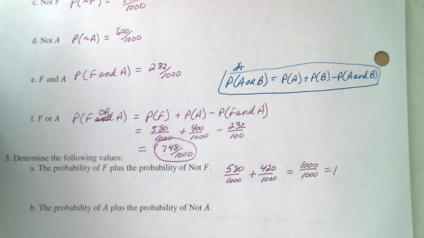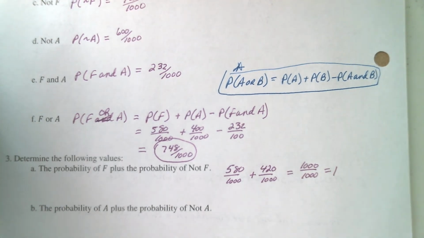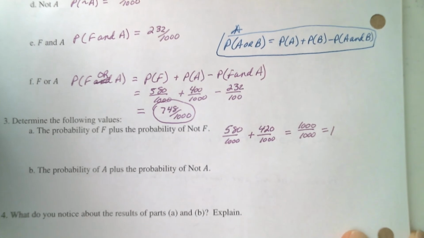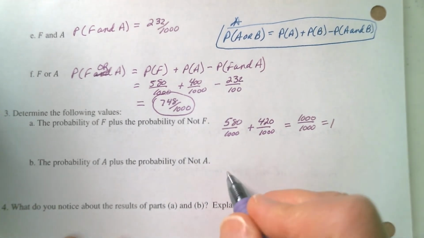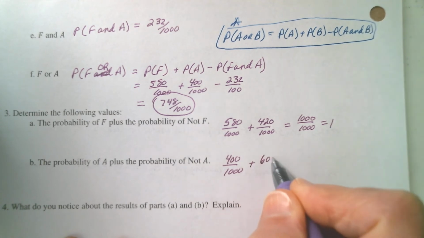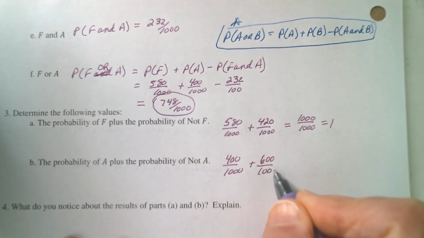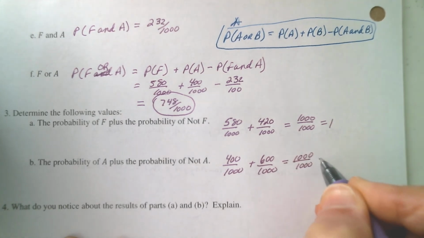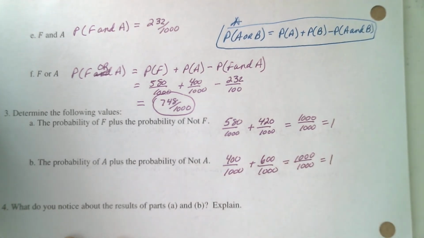The probability of A plus the probability of not A. A is 400 over 1,000 and not A is 600. It's another equal to 1.